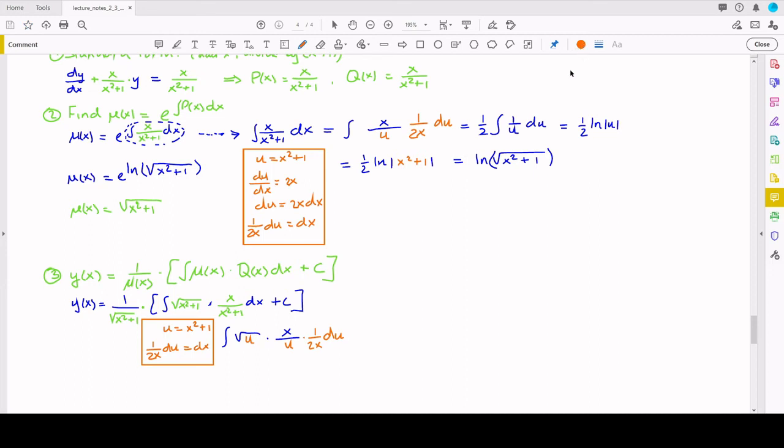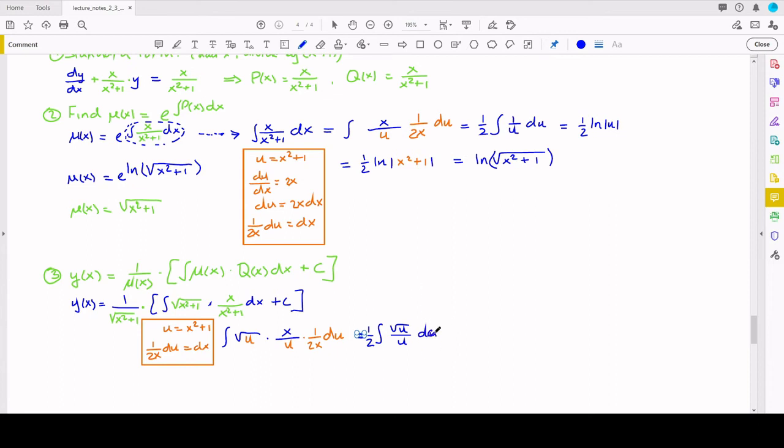Okay, let's clean that up a little bit. The 1/2, we can pull that outside the integral because it's a constant multiple. The x's cancel out, and so we have square root of u over u du.